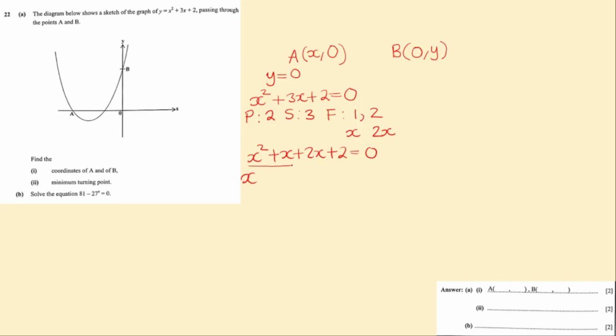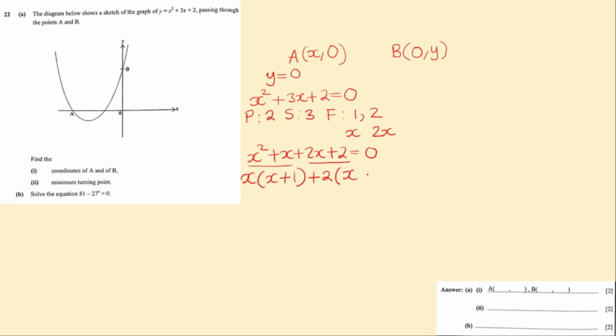I'll factorize this pair. x squared divided by x is x. x divided by x is positive 1. I also factorize this pair. The common factor is 2. 2x divided by positive 2 is x.